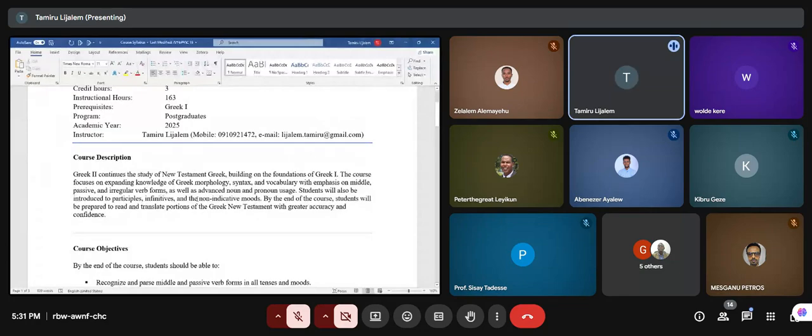So by the end of the Greek lesson, students will be able to know and identify the unique features of these moods.